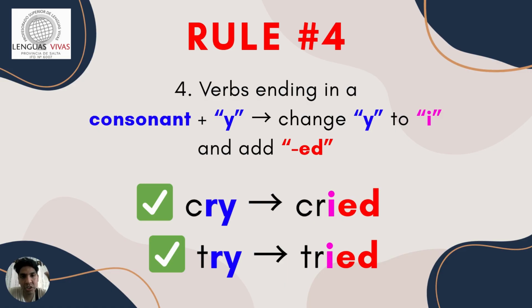Letter Y changes into vowel I. I is in color pink here in the slide. And again, what you have to do is to add ed at the end of the verb. So let's read the examples. Cry changes into cried, and the verb try changes into tried.